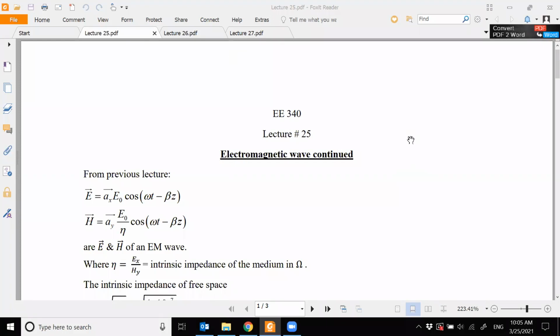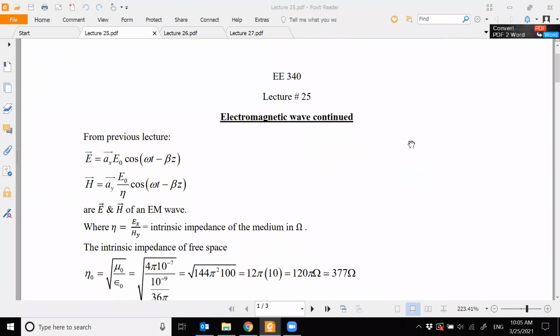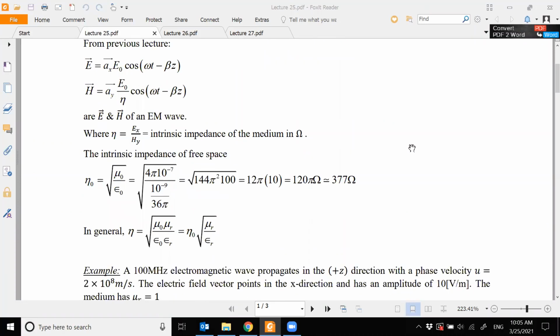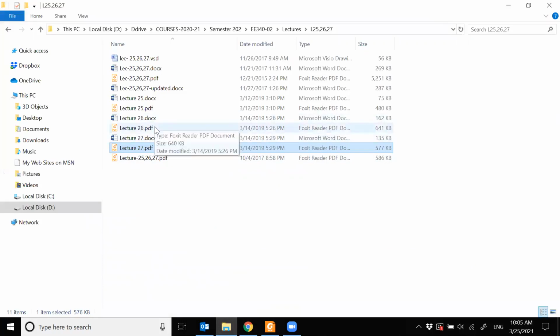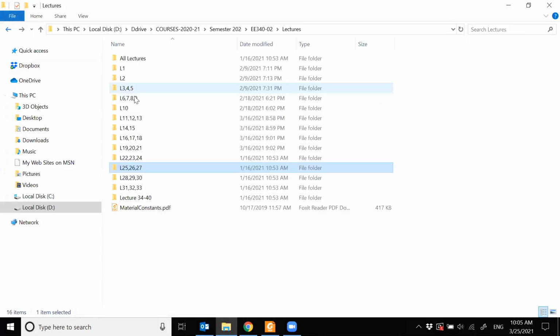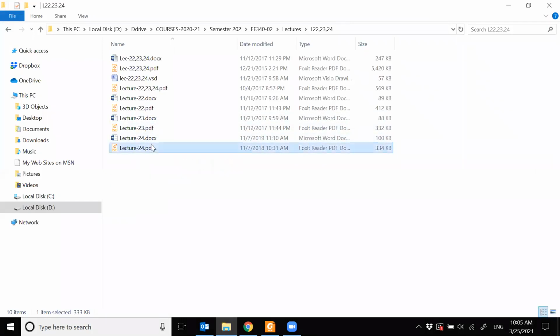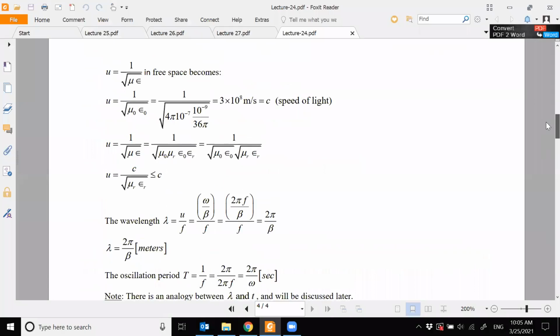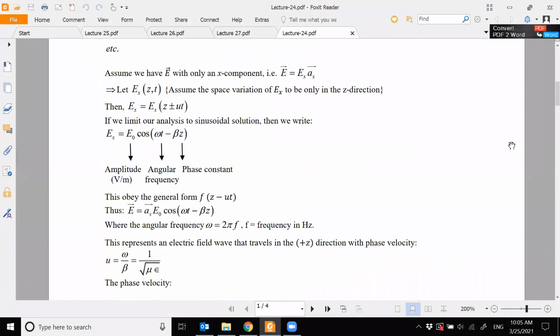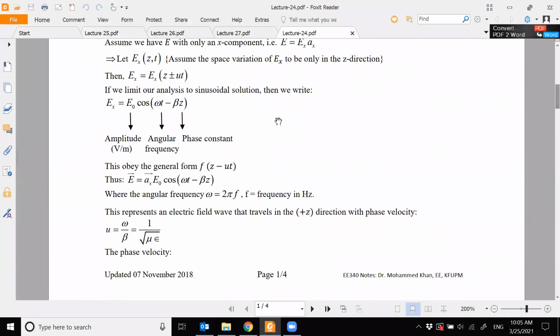As you can see, in the last class we were focusing on electromagnetic waves, where we continued with the simplest form of an electromagnetic wave, which is E0 cosine omega t minus beta z.